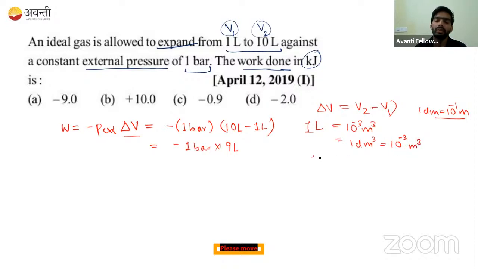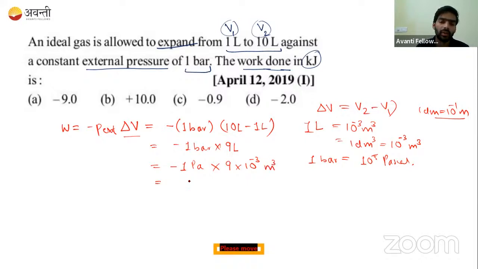Also, 1 bar is nothing but 10 to the power 5 Pascal. So our calculation is 1 bar multiplied by 9 liter, converted to meter cube.